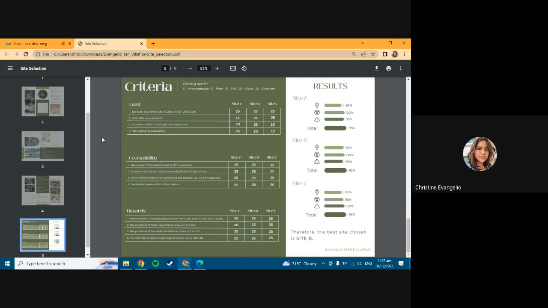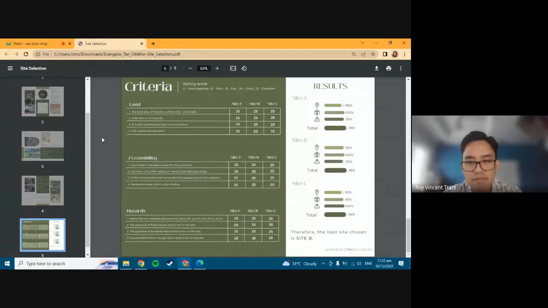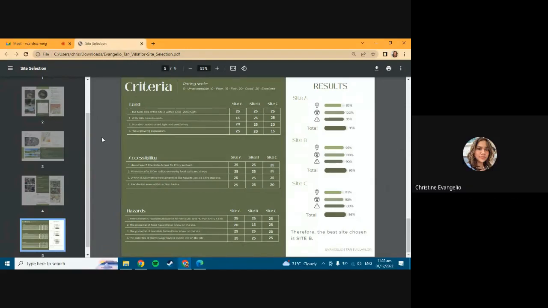So for the land, 25 if it meets or exceeds the minimum area required, and then 20 if it is relatively small but can still be a good site, 15 if small, and then 10 if considerably small but might compromise the objective, and then 5 if no potential at all.